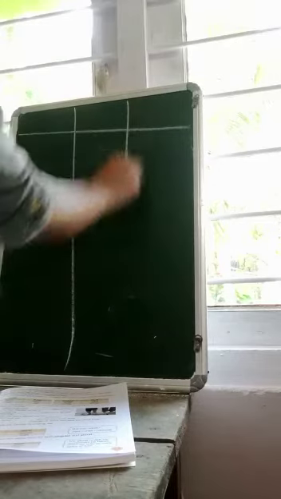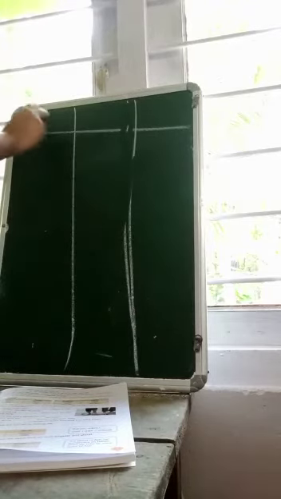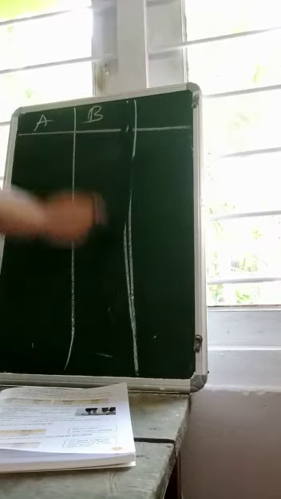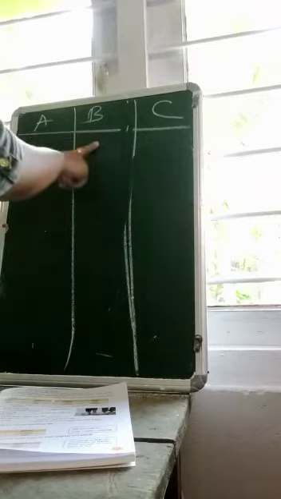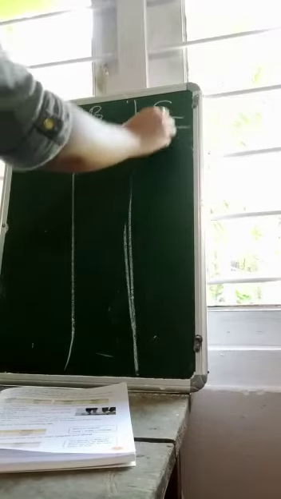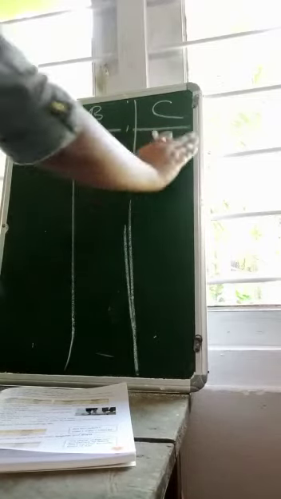There are 3 boxes, A, B and C. In box A we have all the singular words, in box B we have the plural form, and in box C, if the plural form is correct we have to tick, if it is wrong then we have to cut it, right?